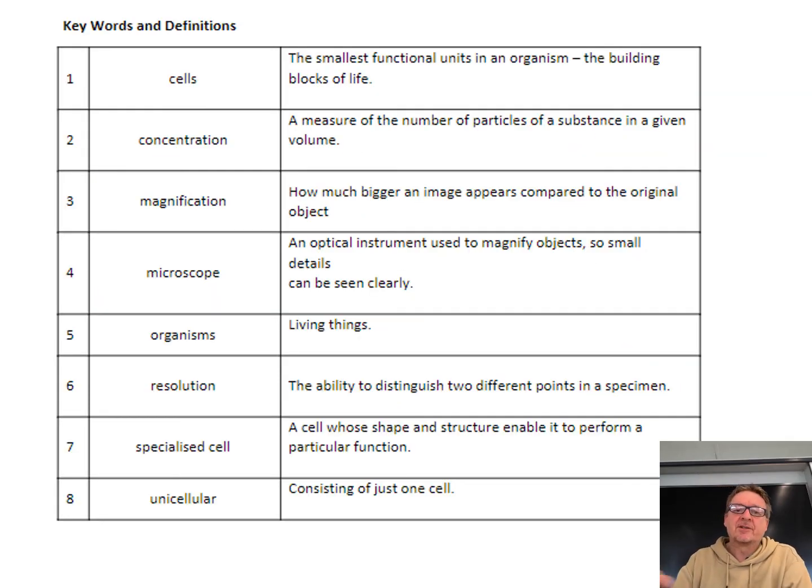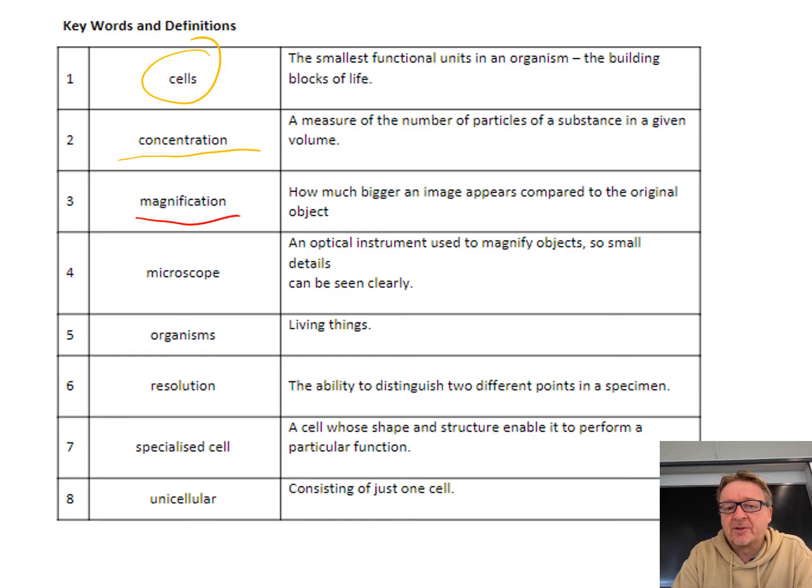Right, key definitions. The smallest functional unit of an organism, the building blocks of life, is cells. A measure of the number of particles of a substance in a given volume is the concentration. So if you put more Ribena into your cup, you increase the concentration because there's more particles. How much bigger an image appears compared to the original object is the magnification.